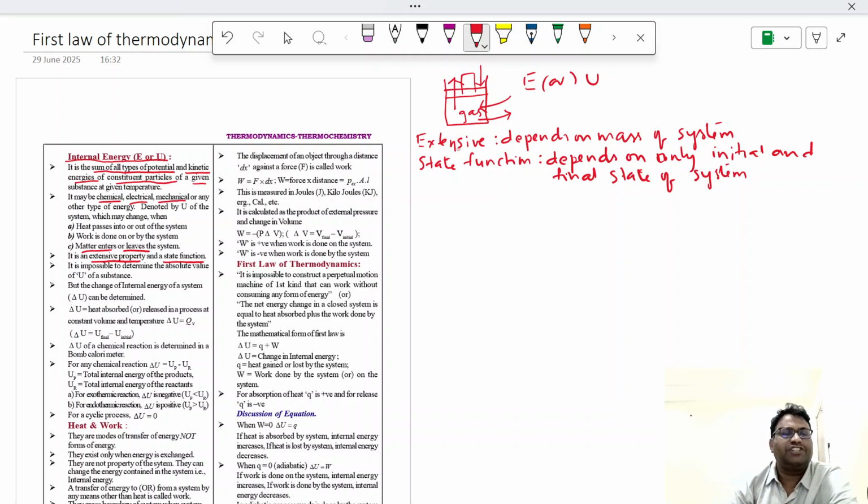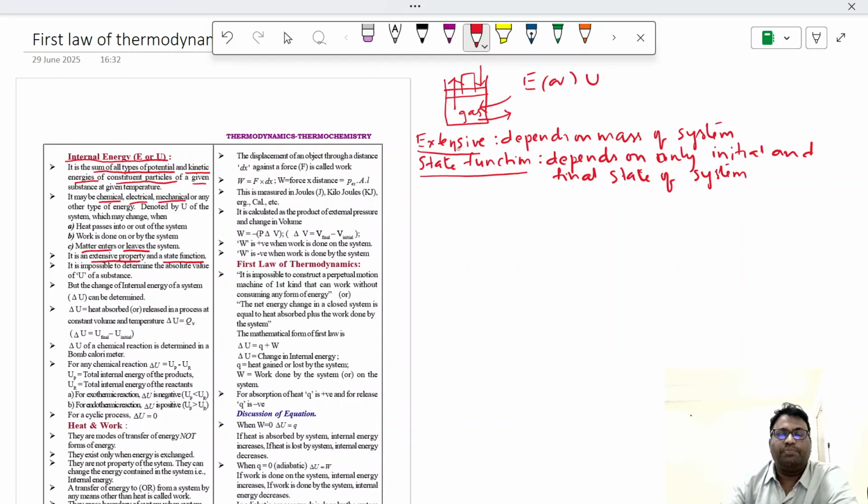Then that is called a state function. So internal energy is an extensive property and a state property or state function. This thing you need to remember.